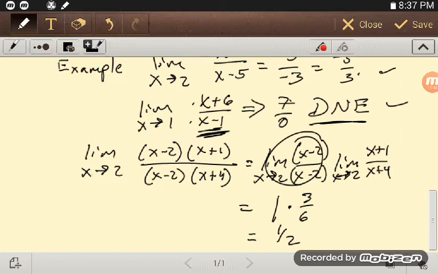But as in the first example, had the top been x minus 2 squared, or the bottom been x minus 2 squared or cubed, a bigger power, then we would have ended up with 0 or does not exist, because we would have either 0 times a constant or a constant divided by 0. That is what they're calling the dividing out technique.